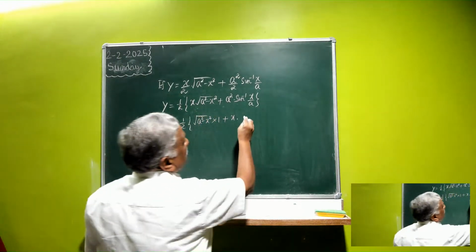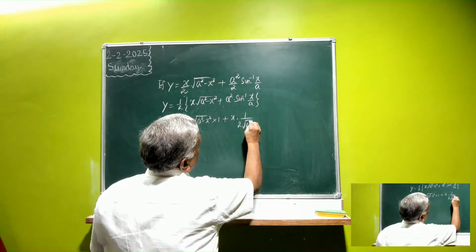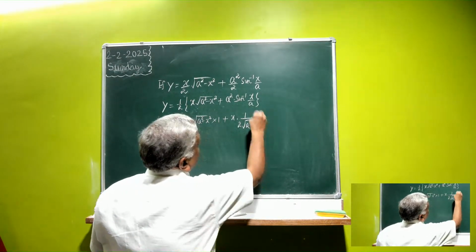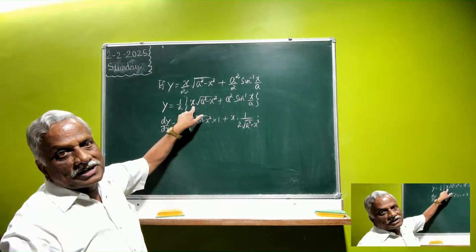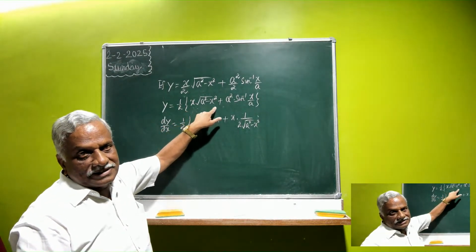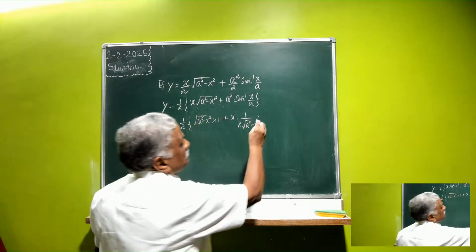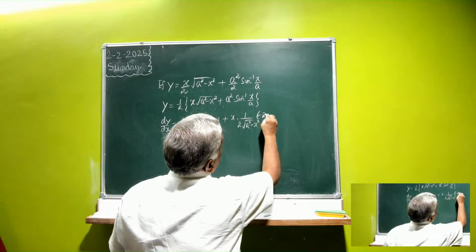What is the derivative of root? 1 over 2 root a square minus x square. First you differentiate the root, then go inside. A square is a constant, it is 0. There is a minus sign. x square gives 2x. So write minus 2x.